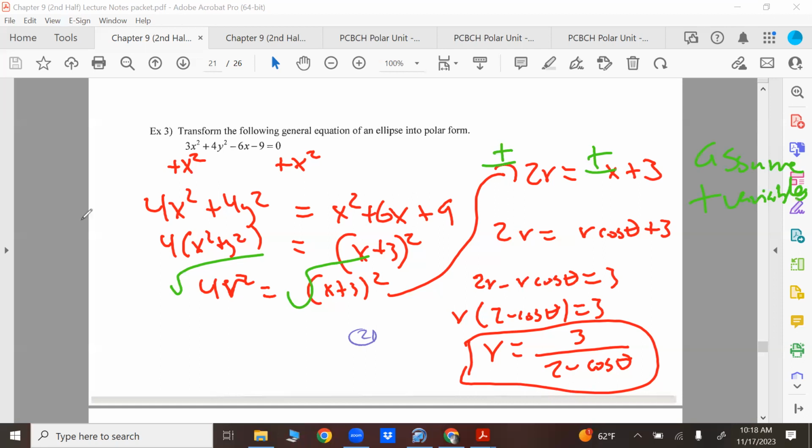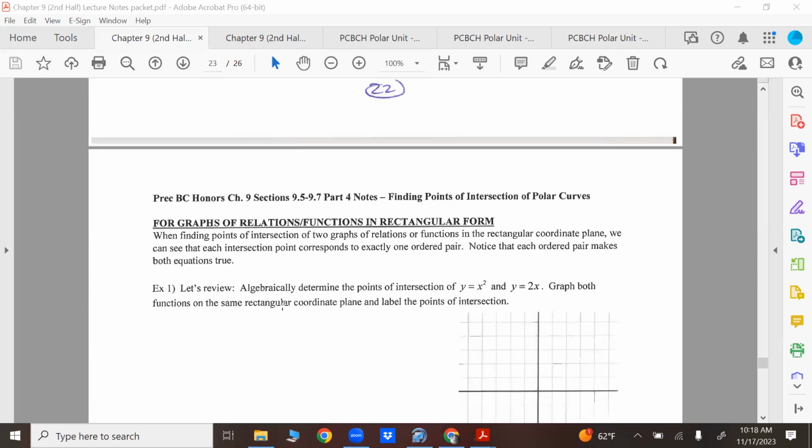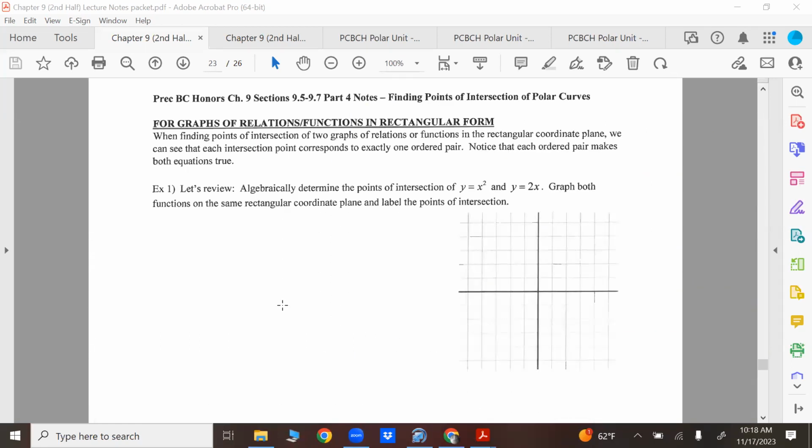All right, home stretch here, guys. Now let's just review rectangular stuff first, and then come back to polar. Just to review, when you have two curves, you want to see what the solutions are.